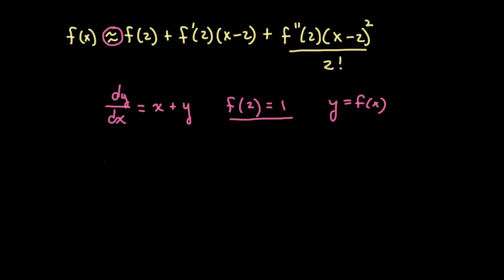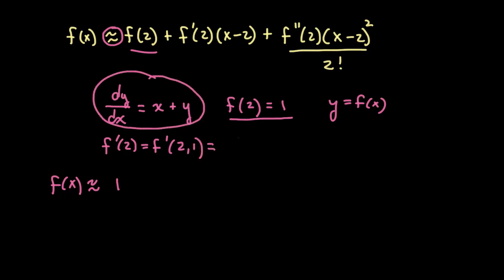So f of 2 is equal to 1 because it's given. Now I need to find f prime of 2, which is really equal to f prime at (2, 1), and so I'll plug that into my derivative equation, and 2 plus 1 is equal to 3. So we come over here and I'll say plus 3 times x minus 2.